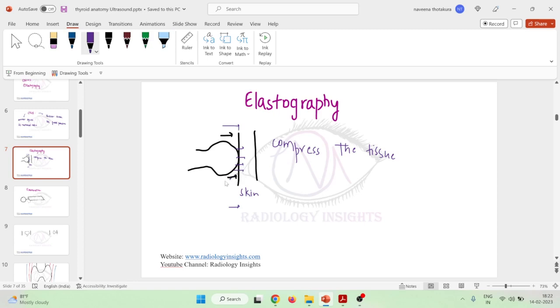Those reflected rays are caught by the transducer, which provides us the image. Whenever you compress it, the amount of displacement at various depths can also be found out by these reflected rays, which we get before and after compression.